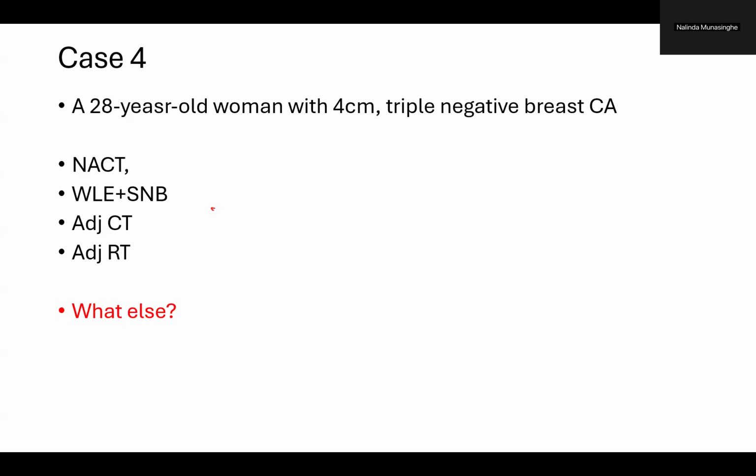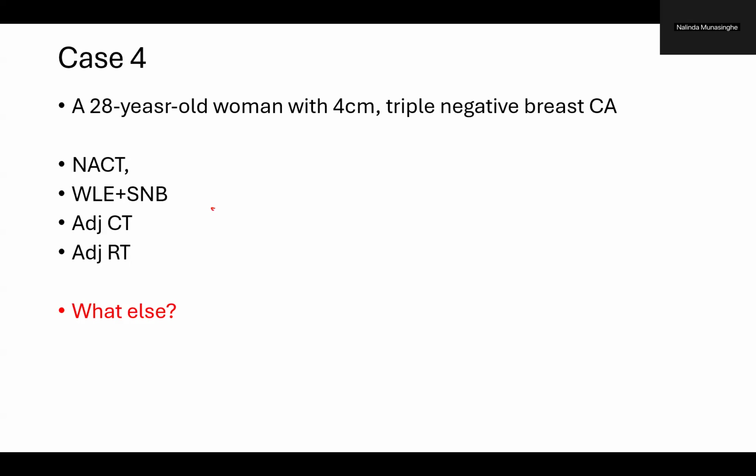Although it's costly, the government sector doesn't support it, but in the private sector you can isolate, freeze and save the eggs before starting neoadjuvant chemotherapy. Later, if they want to have a baby and a family life, they can have a baby. So there are a lot of things to discuss around a gene positive breast cancer.